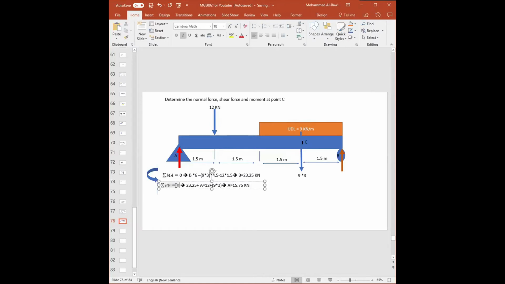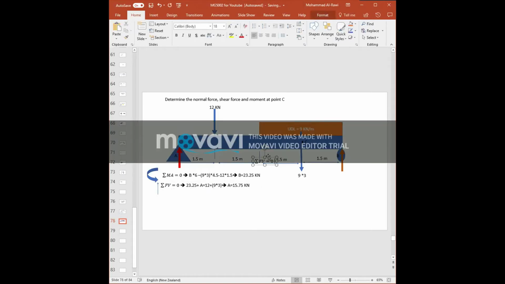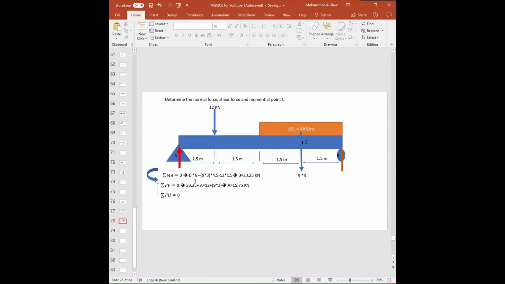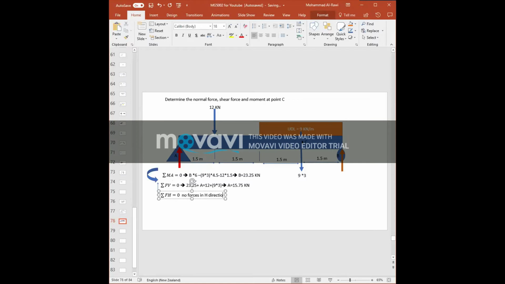Now this force, what's good about it? I don't need to determine the force in the x direction. If I come again with another equation and say summation of forces in the horizontal direction is equal to 0, and if you look, that AX is the only force available, but I don't need to write it down because there are no forces in the horizontal direction, because simply the body has no inclined force or anything indicating that.